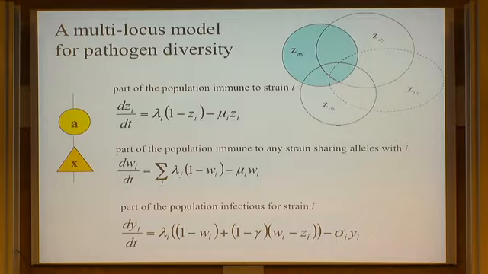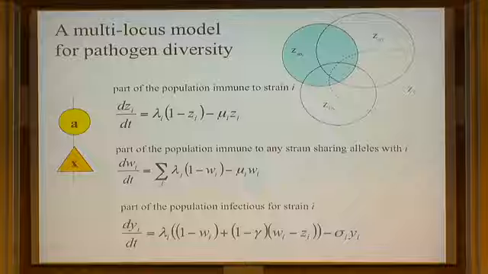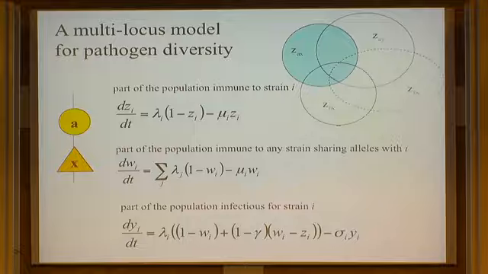The scheme that we developed was not a simple SIR, just because you try and do this in SIR and you just end up with a whole mess of equations.